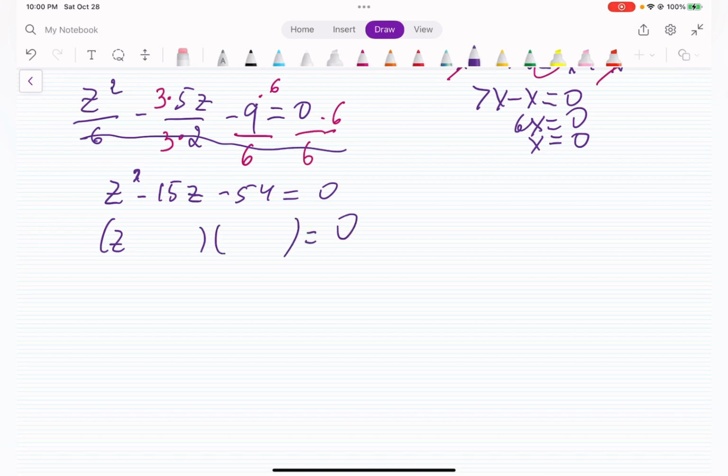Okay, well, let's figure out how we're going to factor it. Negative 54, that means one is positive, one is negative. The biggest number is negative because I have negative 15. So it's going to be, I would say, negative 9 plus 6. No, it's not going to work. Let me see further.